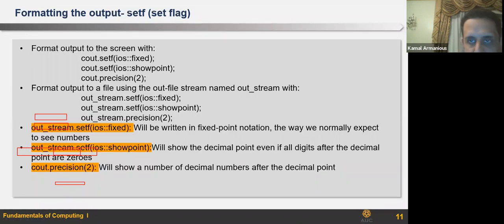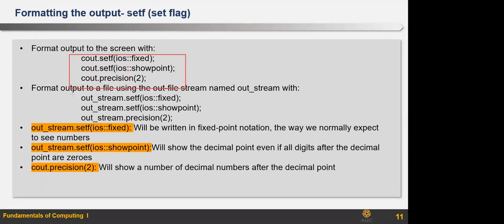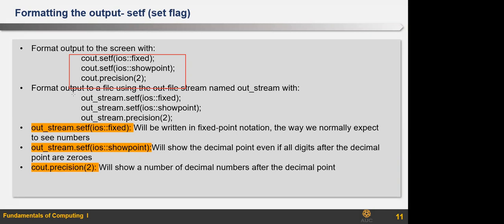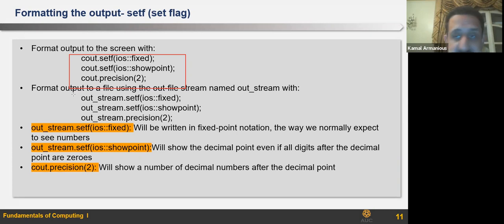Okay. Then can anyone remember what does this do? It prints out a certain amount of decimal numbers. Great, yeah, Kenzie. You get a bonus. It prints out a certain amount of decimal digits after the decimal point.